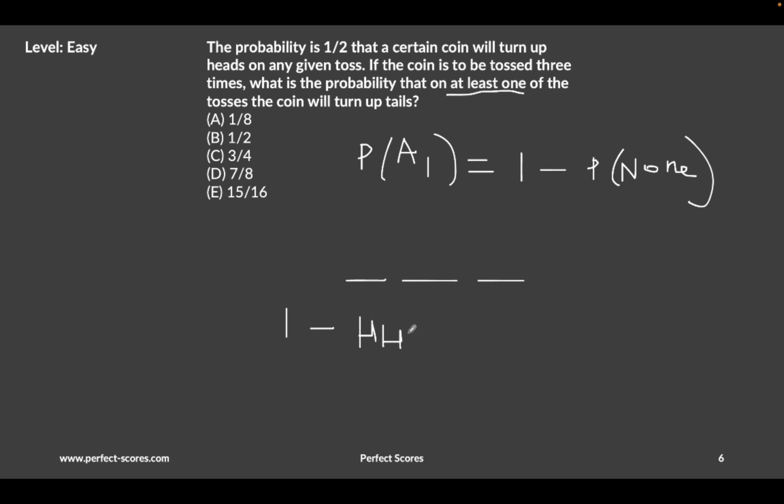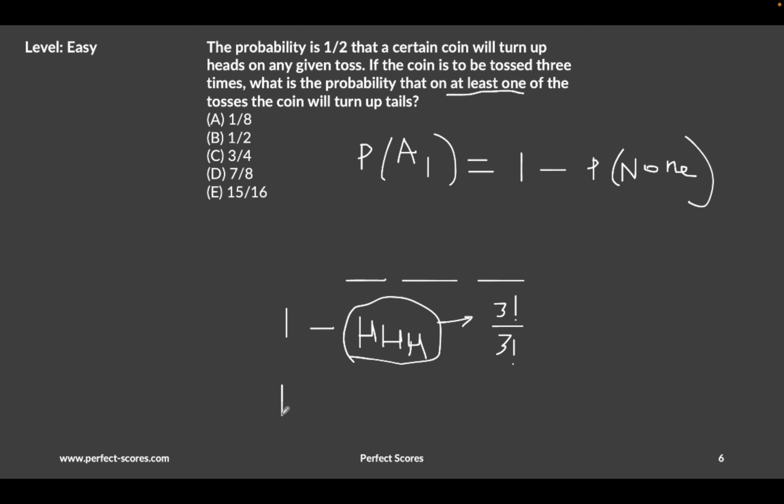Now again, I'm going to ask you this question: is there any arrangement to these 3 heads? There is no arrangement because you can't arrange HHH more than one way. It will translate to 3 factorial by 3 factorial, which is just 1. So there's no arrangement to it.